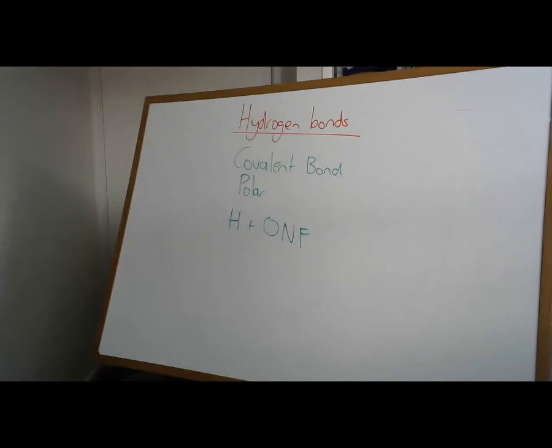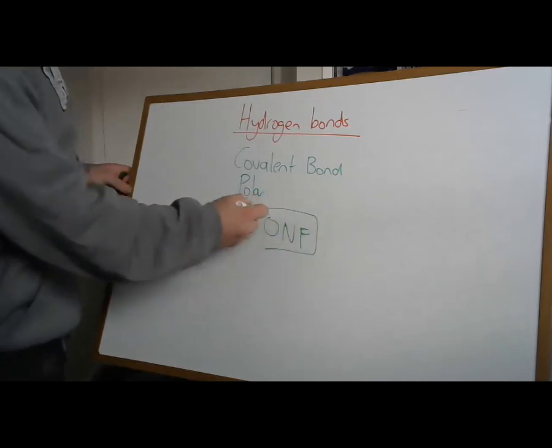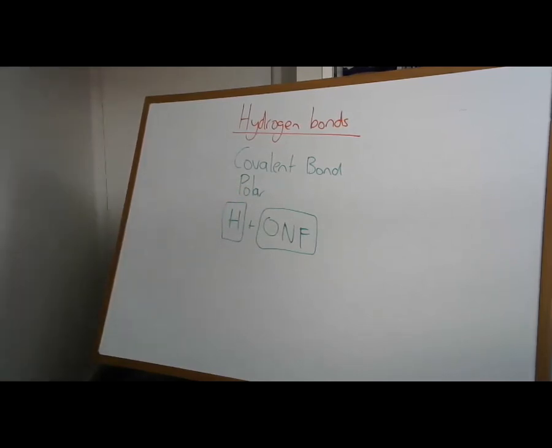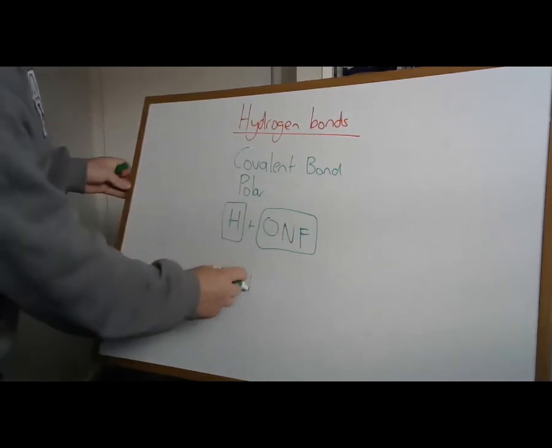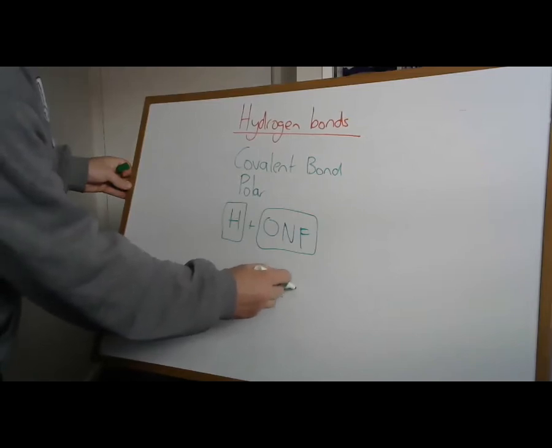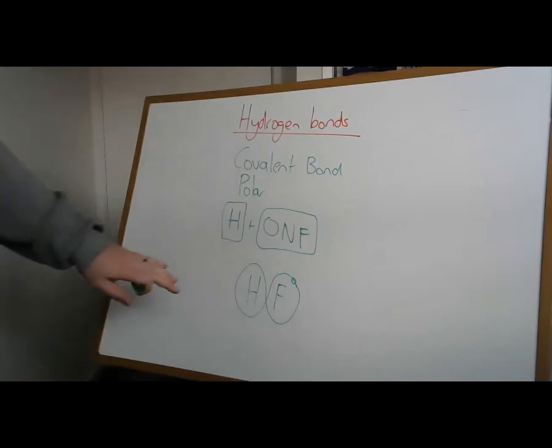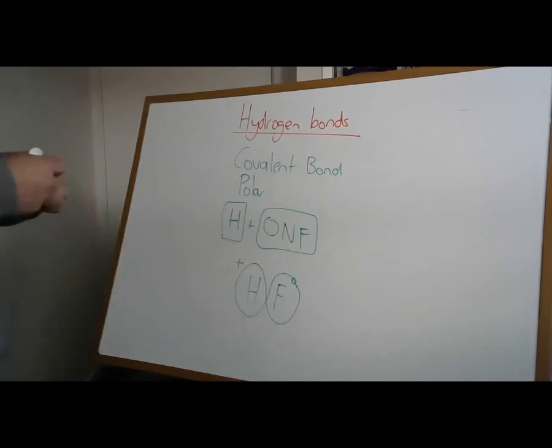And the reason that it's special is because these three are so electronegative compared to hydrogen that it creates an almost permanent dipole. So if we have hydrogen and fluorine, this extra electron is almost always on this side, and this side is always positively charged.